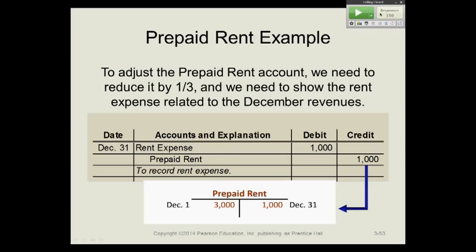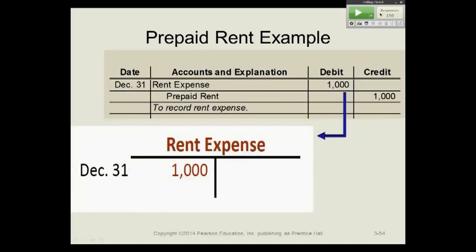And then, of course, you would take a balance right here. The balance would be what? $2,000. So going forward, the balance of that account would be $2,000. And then rent expense would be $1,000. So if I had to prepare a trial balance now, the corrected trial balance would show $2,000 of prepaid rent and $1,000 of rent expense.